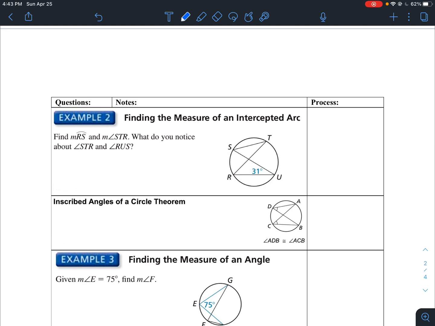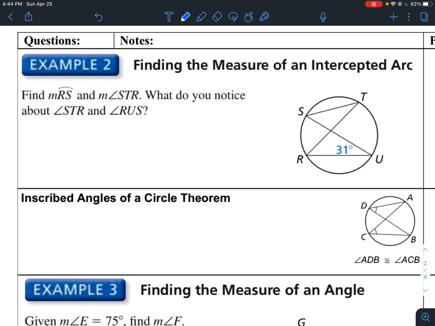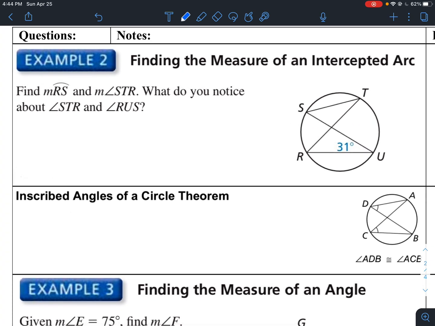Find the measure of an intercepted arc. So this one should be pretty much the same. It wants to find the measure of RS, it wants to find the measure of STR, and what do we notice about the two? So arc RS, let's first identify where that is. So there is arc RS.